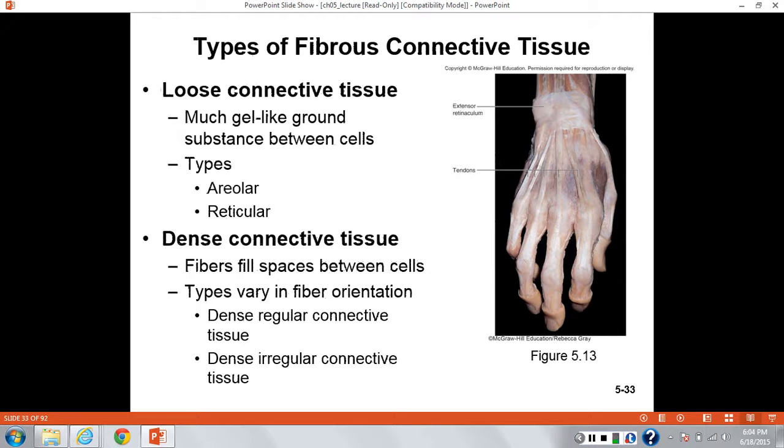Alright, this is what tendons look like. Are they cadaver? Okay. They help support. You see that band around the wrist? That's called a retinaculum. When people have carpal tunnel, this thing is too tight, and you have what is called the median nerve.